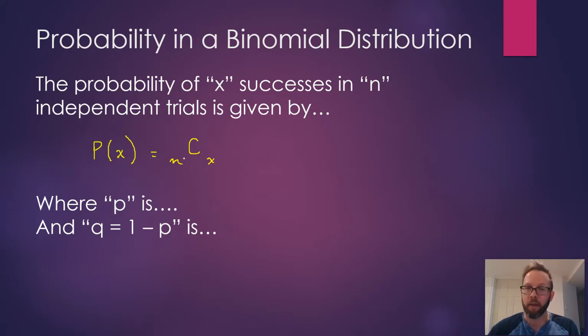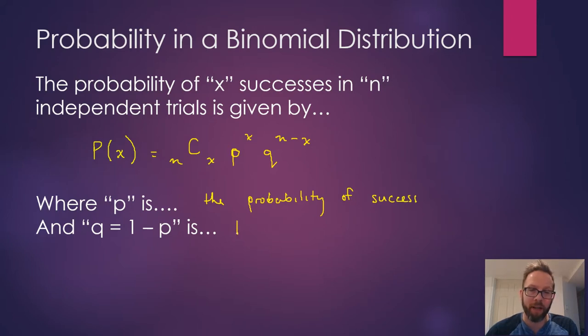So it was like the 10 choose 5 or 10 choose 7, 10 choose 8 calculation we had with the traffic light example. It's the number of ways to choose your successes, times p to the power of x, times q to the power of n minus x, where p is the probability of success and q is the probability of failure.